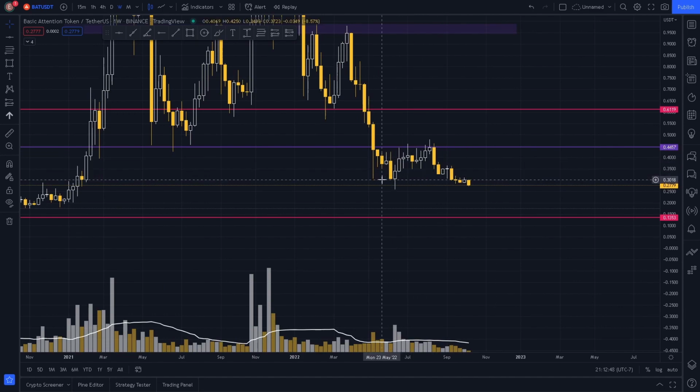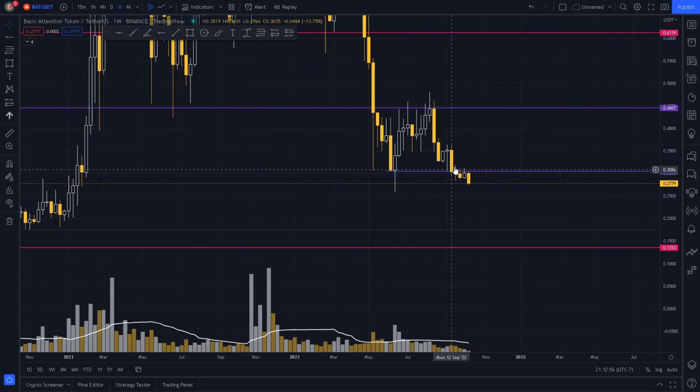So we can see that price established a support level here, but it looks like price is breaking through. Now, one thing to keep in mind is volume is low at this level.